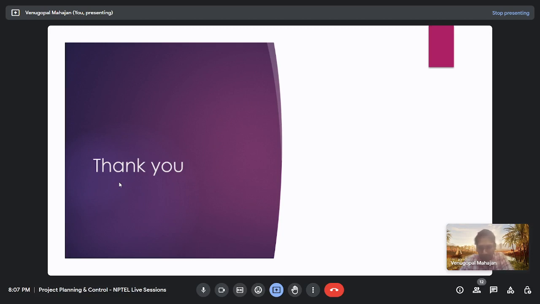Another thing, can you show something in the software, on the screen, like MS Project or Primavera? We are doing this theoretical part. Maybe in the final session you can show it in MS Project or P6.